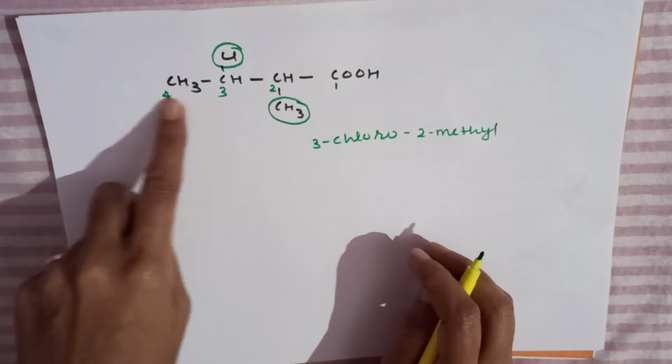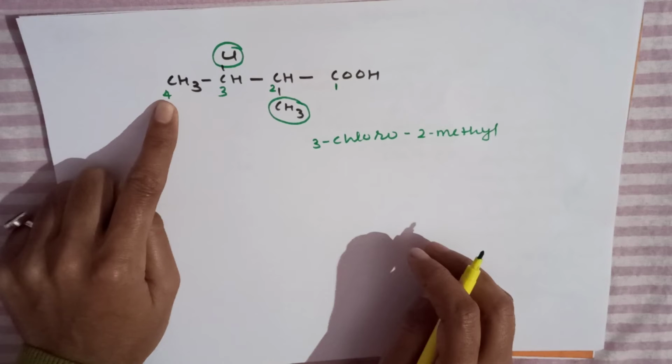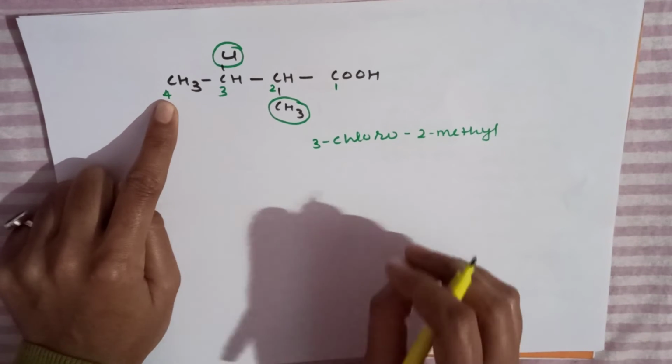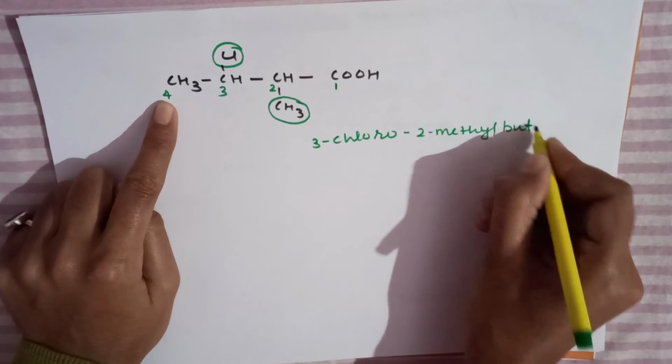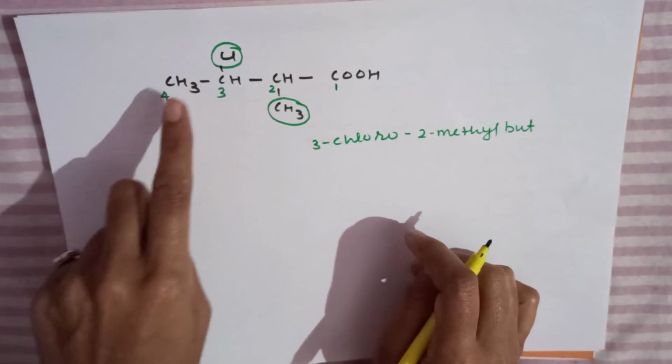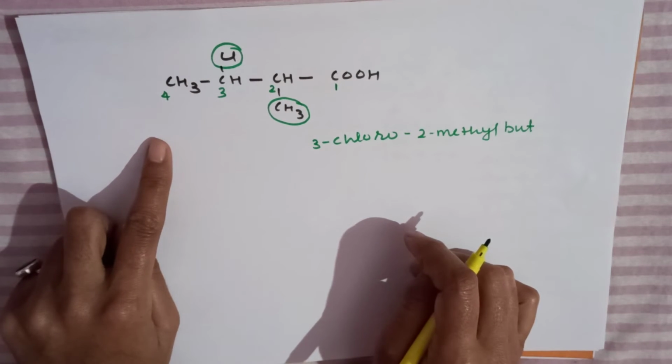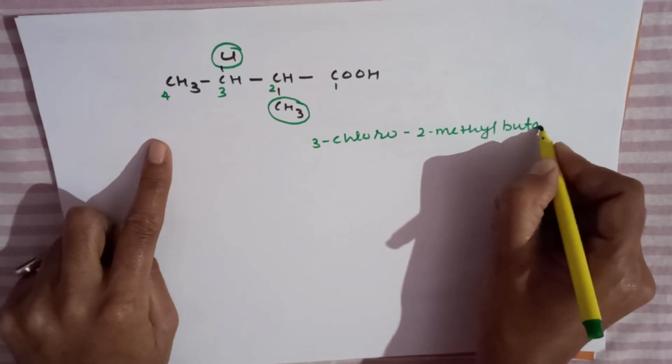How many carbons? 4 carbons, but it is not a cyclic structure. So we will write but. See whether a carbon to carbon double bond is present in this structure? No. So you will write an.